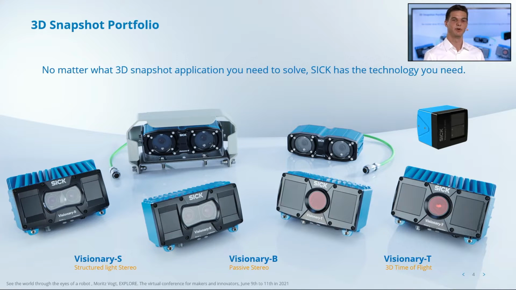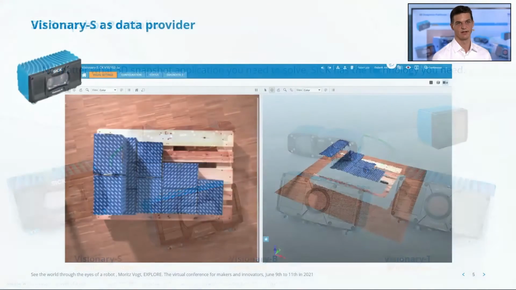If you want to learn more about this device, I would also recommend you to join our session at 2:30, where we have a closer look on this device. But now coming back to depalletization and actually on the benefits we can use from the Visionary S product family. So let's have a closer look on this.